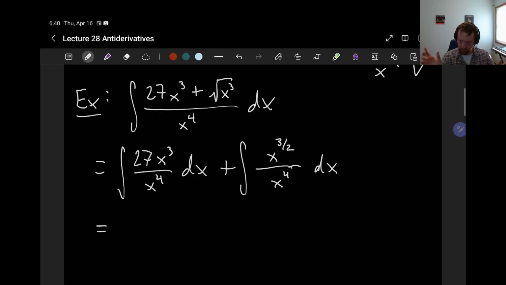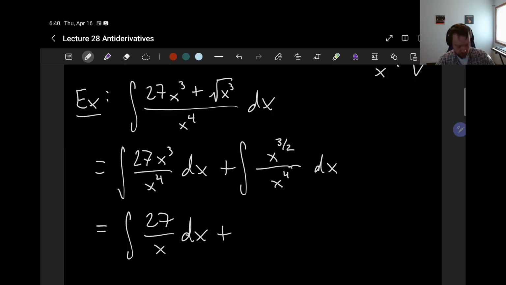So now that we've split these up as two separate fractions, I can do a little canceling. So that reduces to 27 over x. And for this part, remember you subtract the exponents.